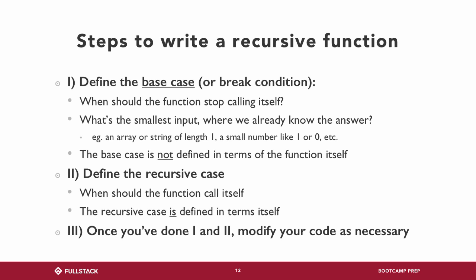Then define the recursive case, which is usually the opposite of the base case. So if there's more than one letter, then do these actions. And then once you have 1 and 2 lined up, I like to do it step by step, log everything out, add the returns, make sure you're adding together what you should be adding, and returning what you should be returning.